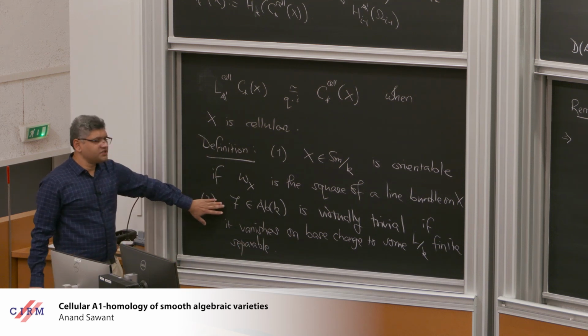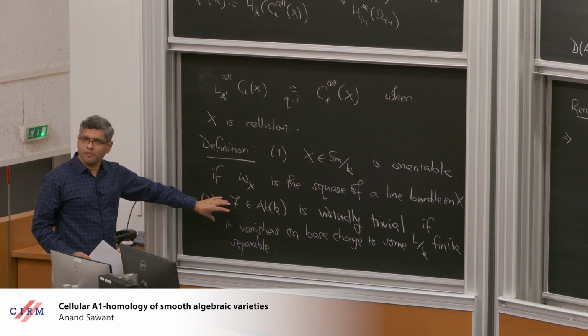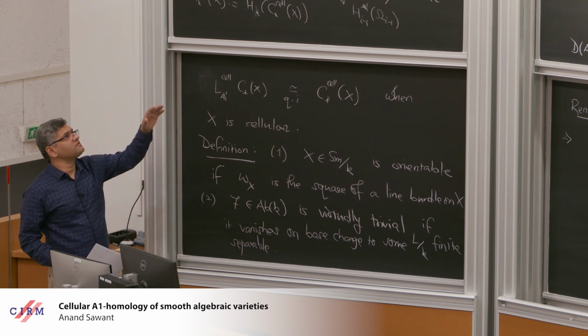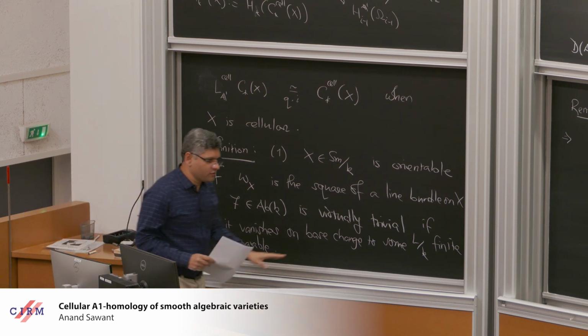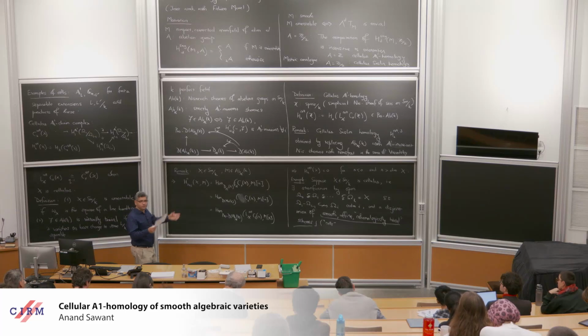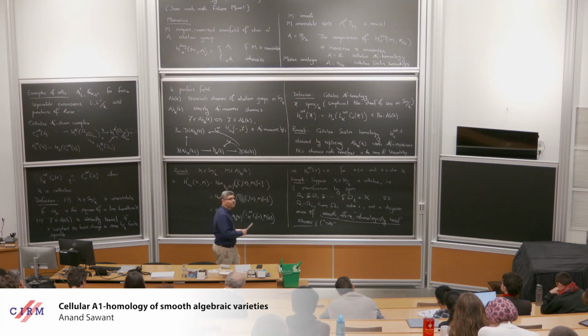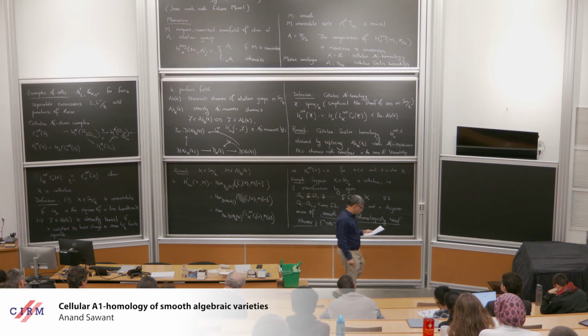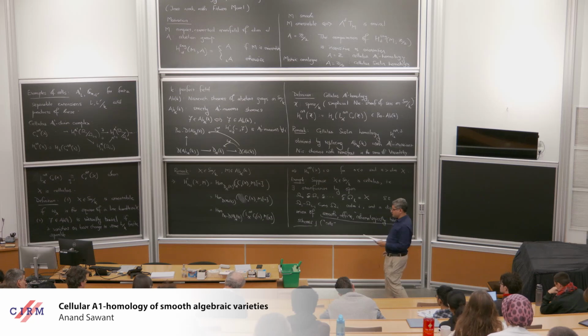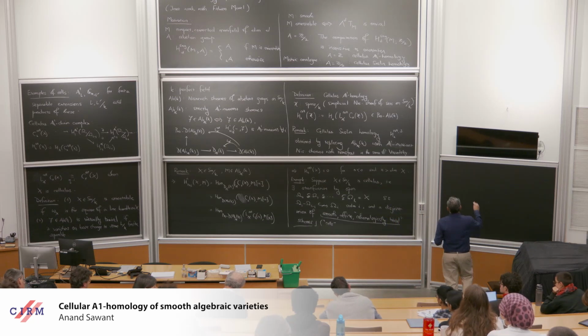So these are sheaves that are really, really small, and up to these, one has an almost perfect analog of Poincaré duality, conjectural, and I will indicate a proof of this conjecture for surfaces, rational surfaces.